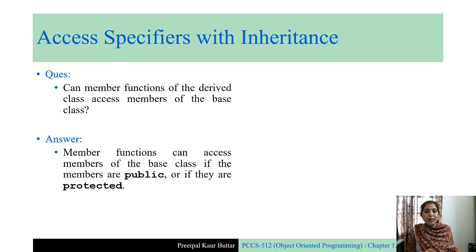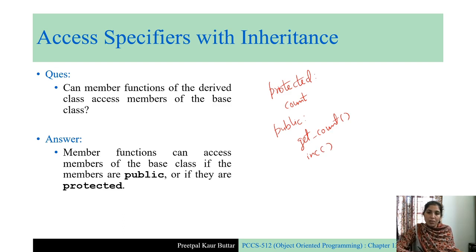The answer is that the member functions can access the members of the base class if they are public or if they are protected. Remember that in the previous example, instead of using the private keyword, we used the keyword protected. In the protected section, we had a data member count. In the public section, besides the constructors, we had a function get count and another function increment.